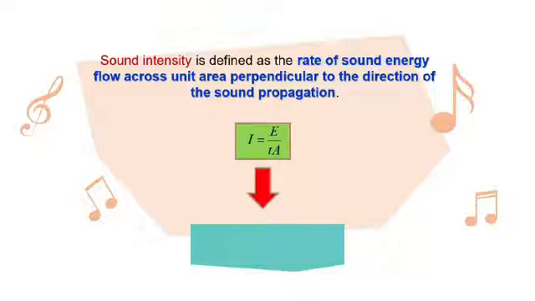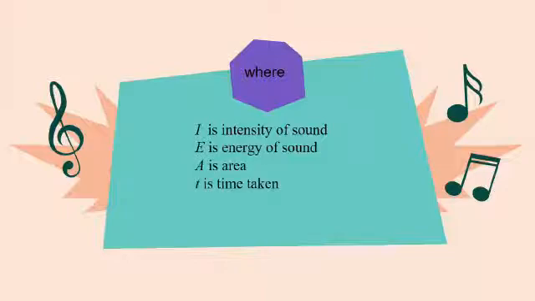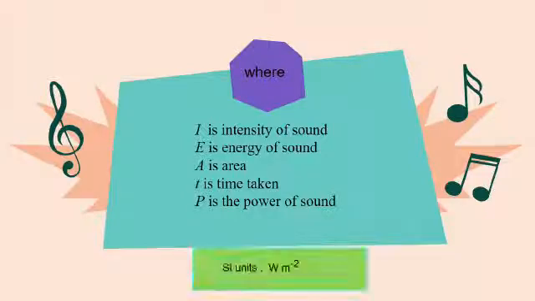We know that power is equal to energy per unit time, so I is equal to P over A, where I is intensity of sound, E is energy of sound, A is area, T is time taken, P is the power of sound. The SI unit for sound intensity is watt per meter square.